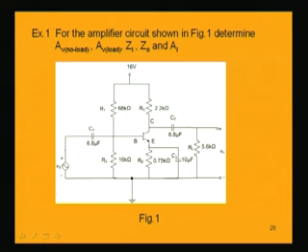But one thing to be noted is that we do not have a source resistance, that means Rs is equal to 0, the source has 0 resistance, and we have a load resistance also. So in order to know the no load voltage gain and the loaded voltage gain, for this amplifier circuit you have to determine AV no load, AV load, Zi, Z0 and Ai.